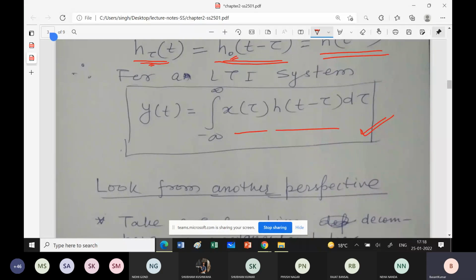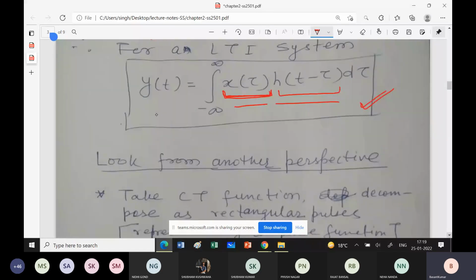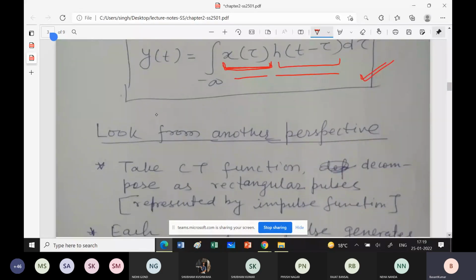So what you require are two functions. One is x(tau), and the other function is h(t minus tau). You are going to multiply these functions and integrate from minus infinity to infinity. A similar kind of operation is what we perform in the case of discrete time.